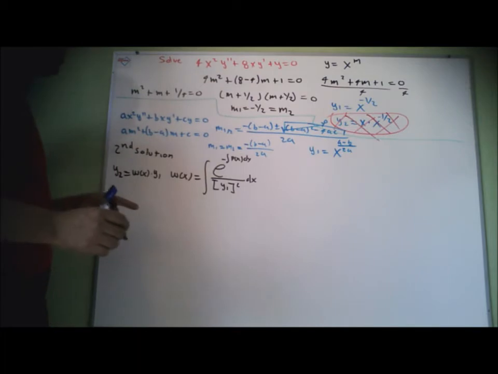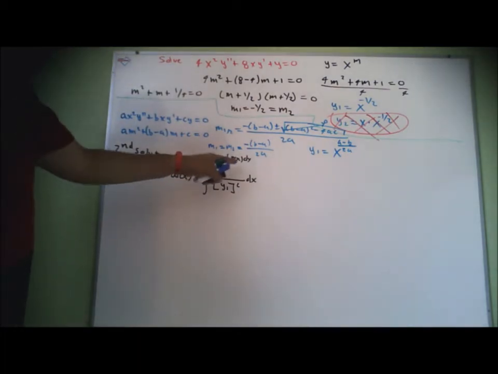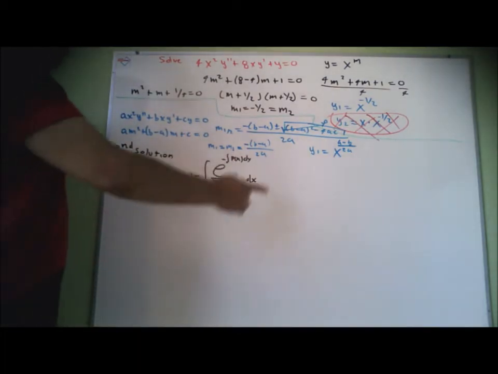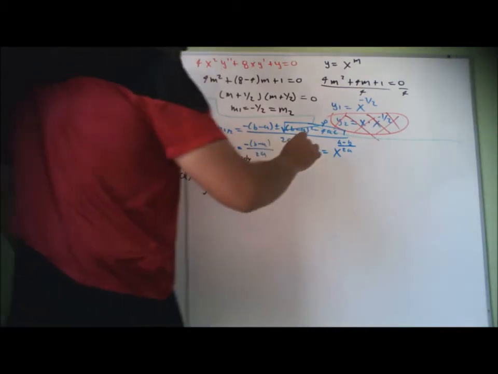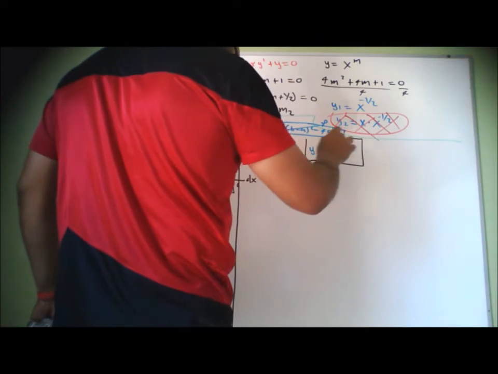So we have to see what p of x is. Now, this formula was assumed with this kind of differential equation, but the first coefficient must be equal to 1. So don't forget this.